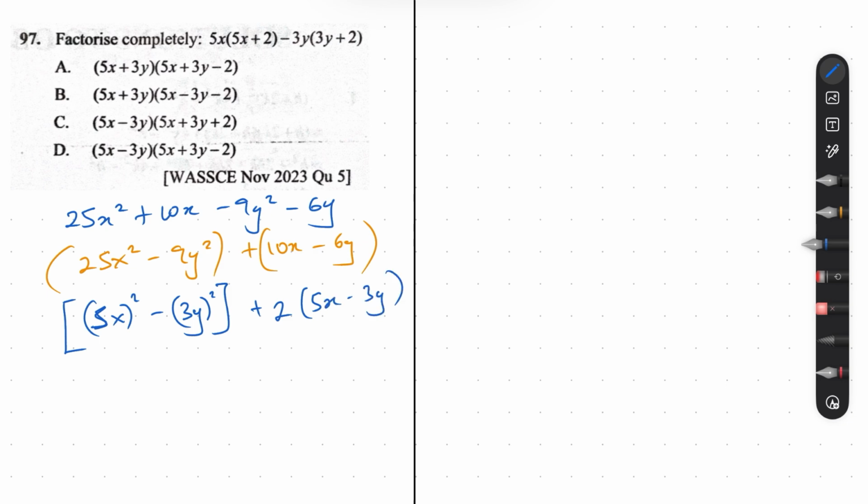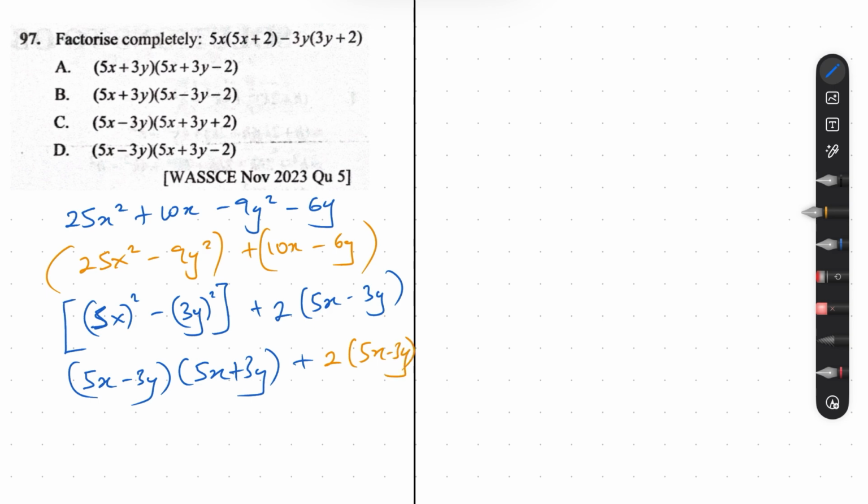Now let's deal with our difference of 2 squares, which will become 5x minus 3y and then 5x plus 3y. Then on the other side we have 2 multiplying 5x minus 3y.